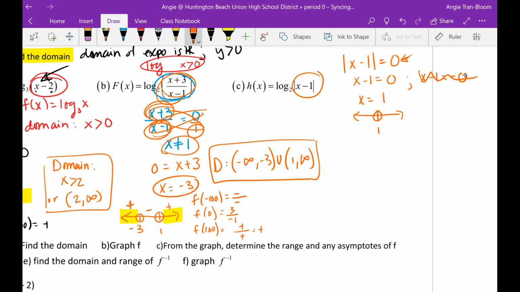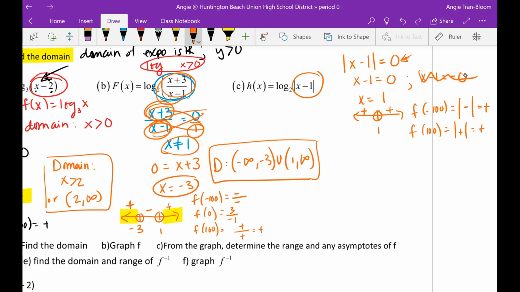This is open because remember, the domain of all log functions has to be greater than 0, not equal to 0. I'm going to pick some values like negative 100. When I plug it in, negative 100 minus 1 is negative inside the absolute value, but the absolute value of any number is still positive. Then I do the same thing with positive 100, and it's still positive.